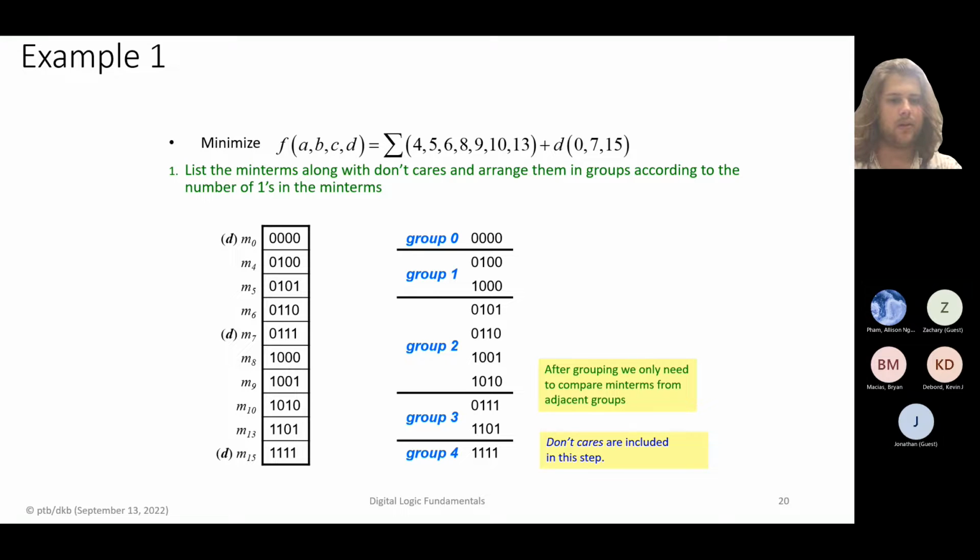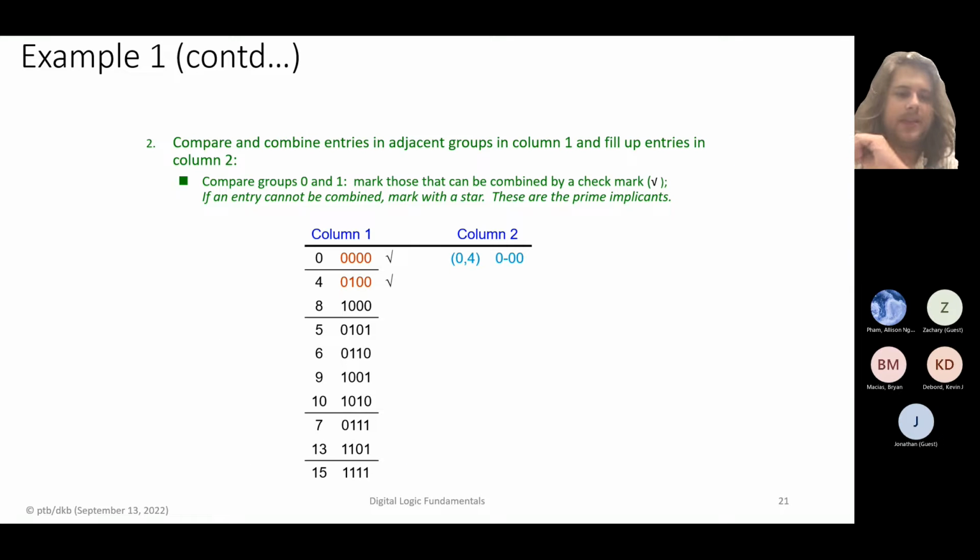The ordering within the groups doesn't matter, but it makes sense to do them from least to most, so you can better keep track of things. But moving forward, the next step is to find combinations of logic where there's only one difference between the 2 states.